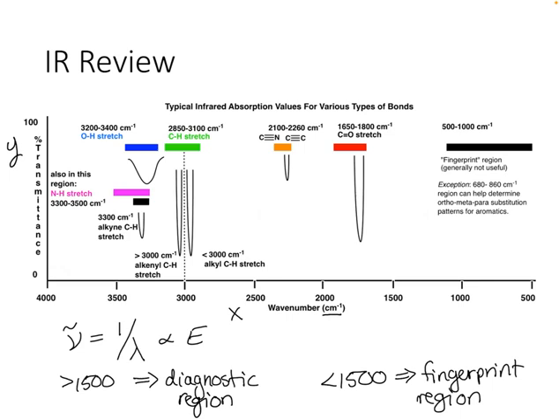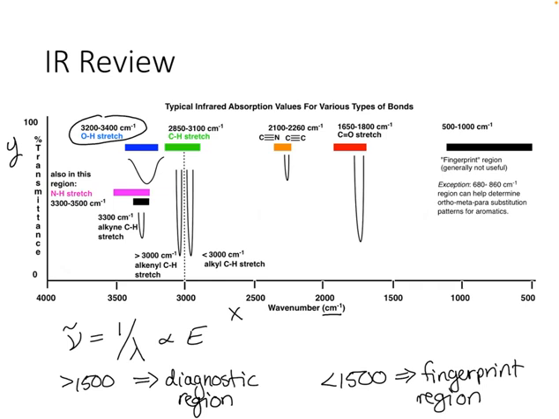All right, so just in general, you can see that from 3200 to 3400, if you have a broad peak, that will indicate an OH stretch. So that is going to tell us we have some sort of alcohol.